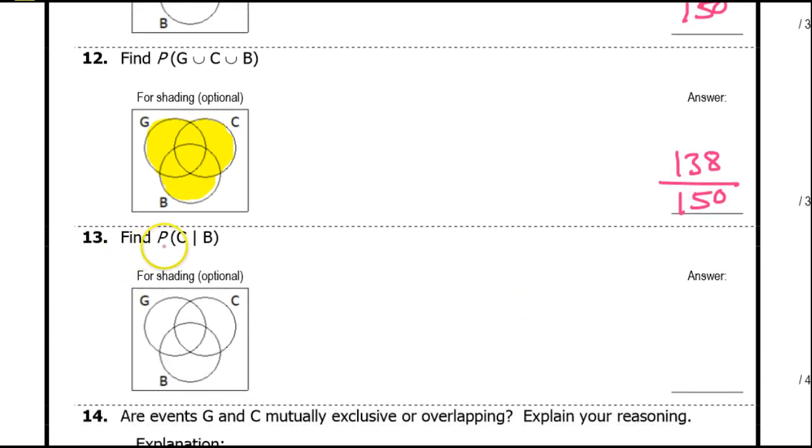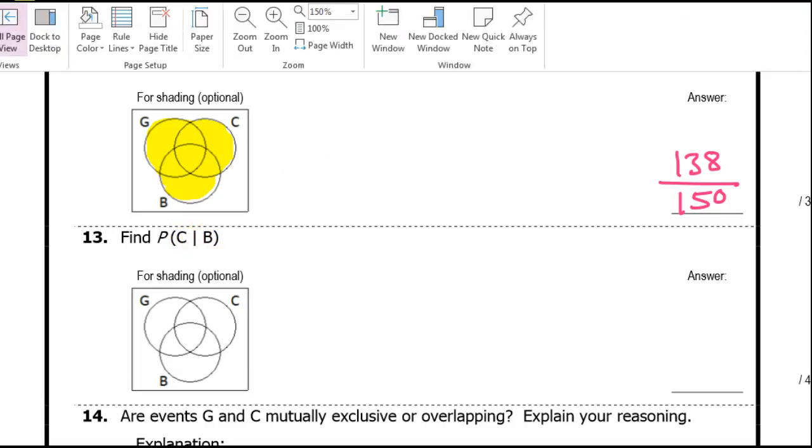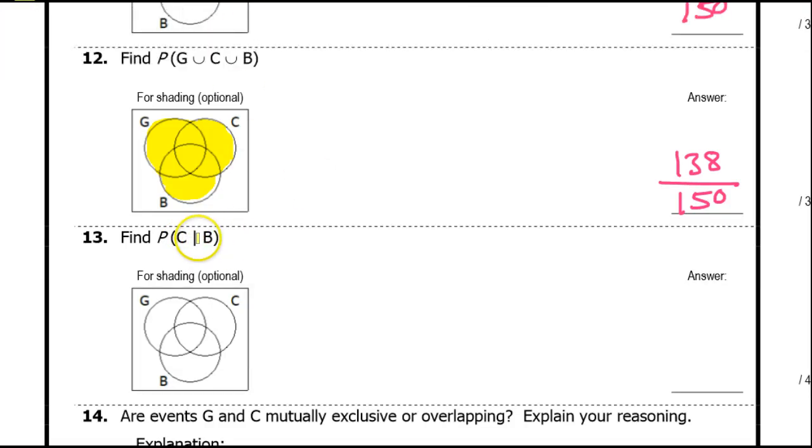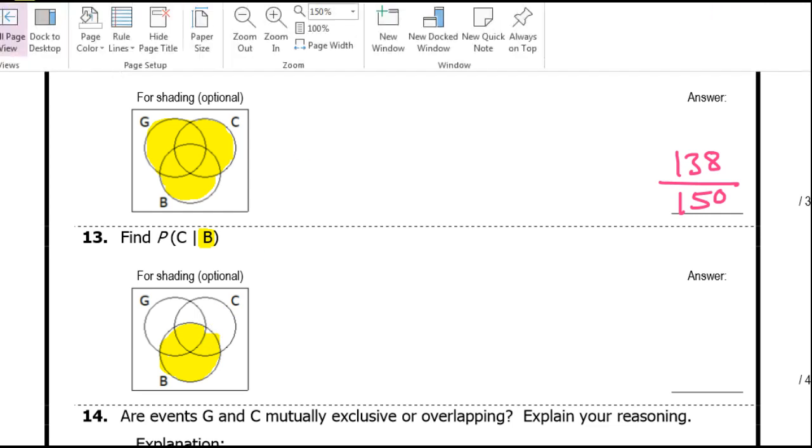Now this is the probability of C given B. We love these problems. We'll just follow our procedure. You highlight the given part and cross out everything else. So we're going to highlight the B part, and we're going to cross out everything else.